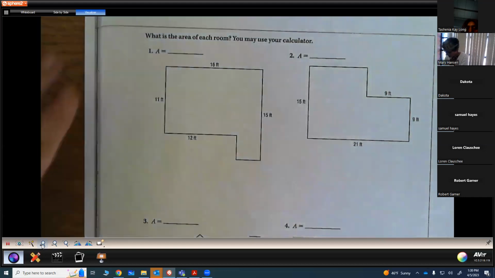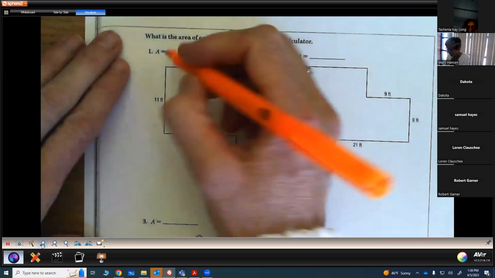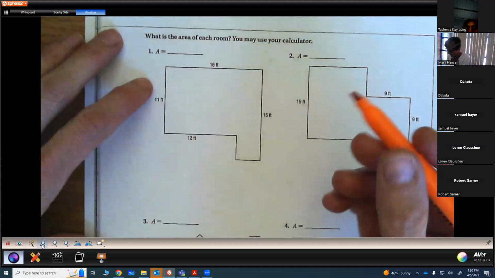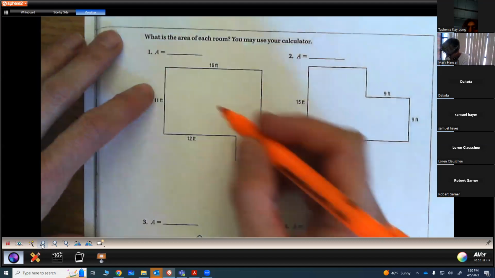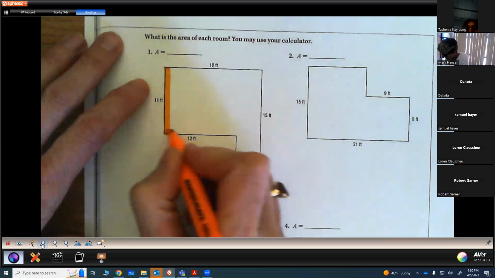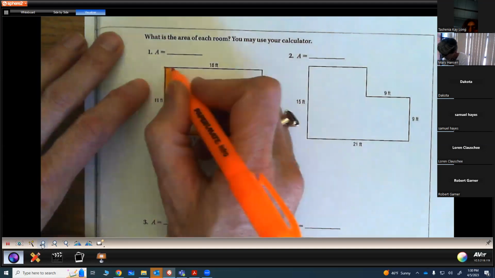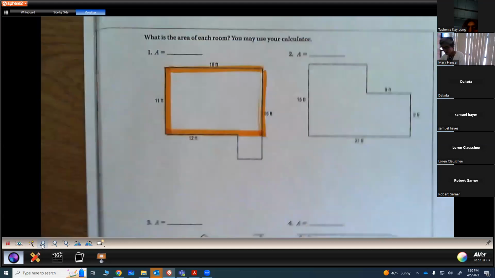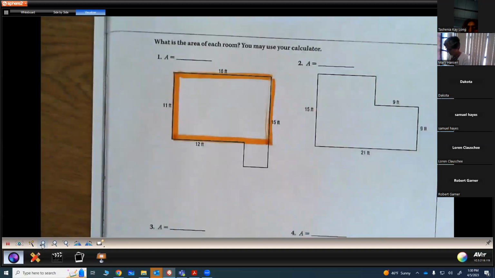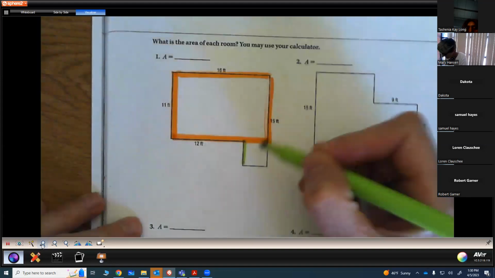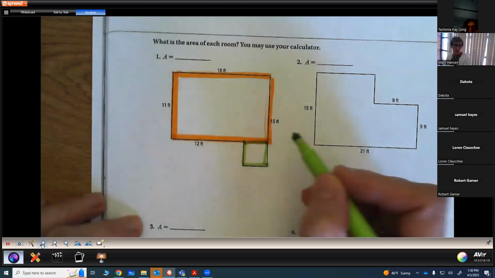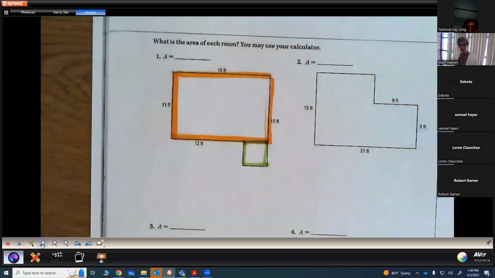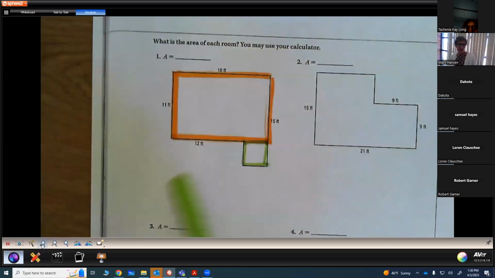For example, if I wanted to use addition for this problem, I would probably say I have this rectangle in orange, and then I'm going to add to it this small piece. So I would find the area of the orange rectangle, I would find the area of the green rectangle, and then I'd add them together.